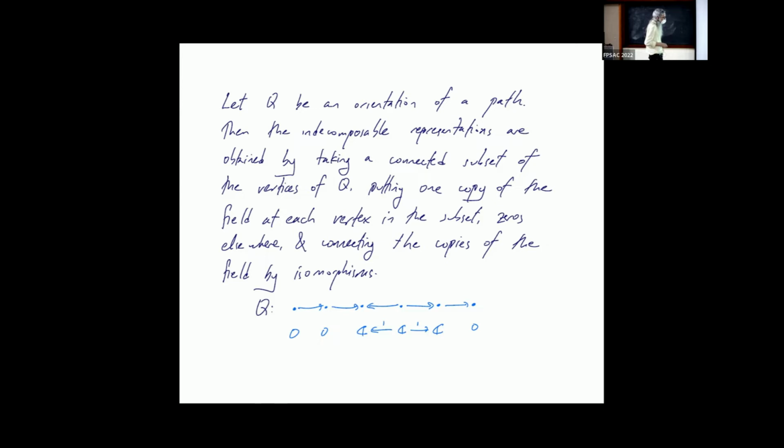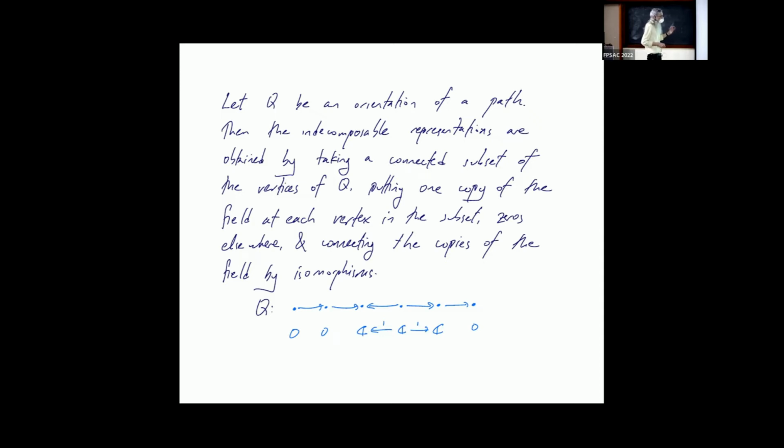So here I chose these three, put a copy of C at each of them, putting non-zero scalars on the corresponding arrows, and zeros everywhere else. That defines a representation. It's pretty easy to convince yourself that that representation is indecomposable. It's not so easy to convince yourself that those are the only indecomposable representations. But it's true.